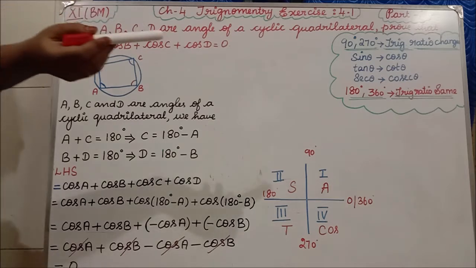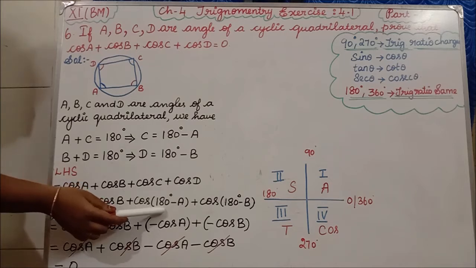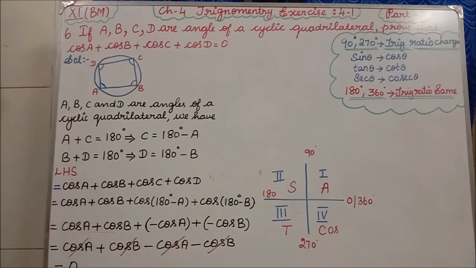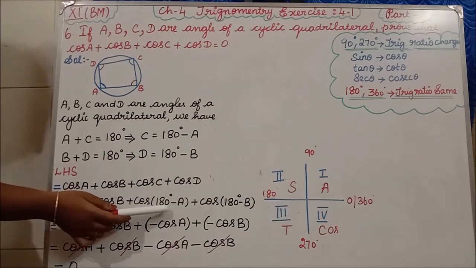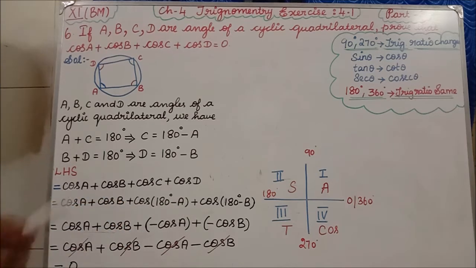If you are using 180 and 360 degrees, the trigonometric ratio will be the same. What am I using here? 180 degrees. So cos means the same cos only we will get. Now I am writing the answer of cos of 180 degrees minus A as cos A. Okay, here the trigonometric ratio is not changing.